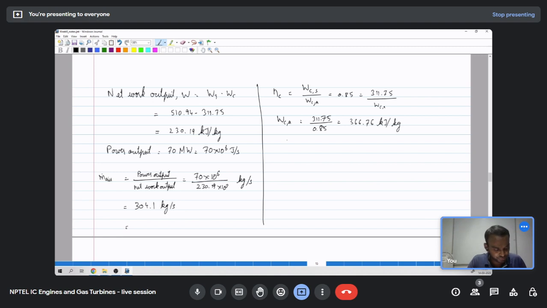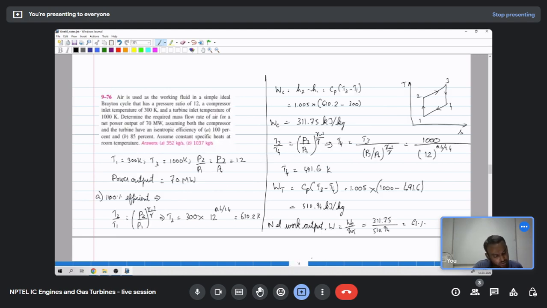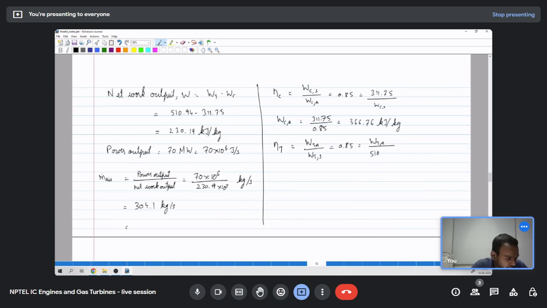And similarly, if you use the expression for the turbine efficiency, we will have turbine actual output by turbine isentropic output, which is 0.85 equal to W turbine actual divided by W turbine isentropic. So for the isentropic turbine output we have 510.94, which means W turbine actual is equal to 0.85 times 510.94.